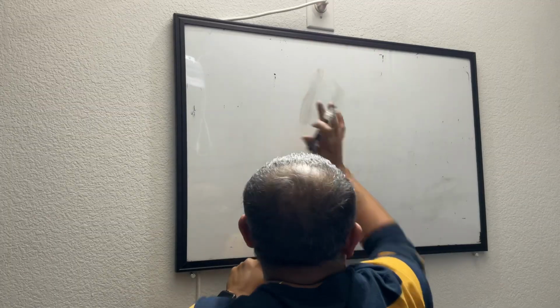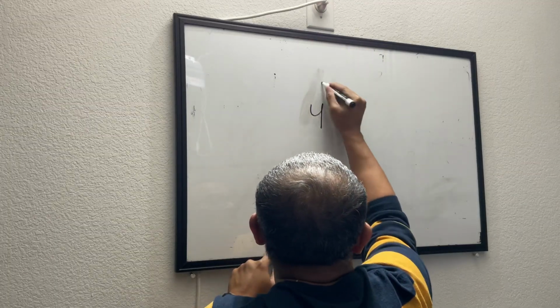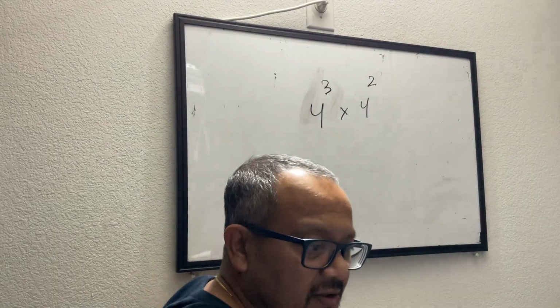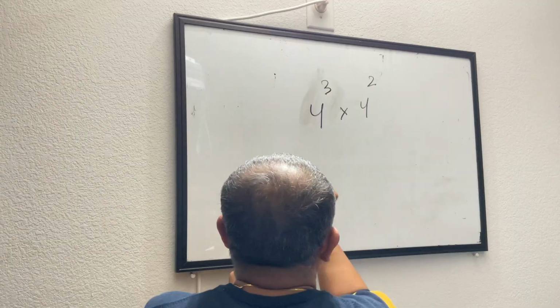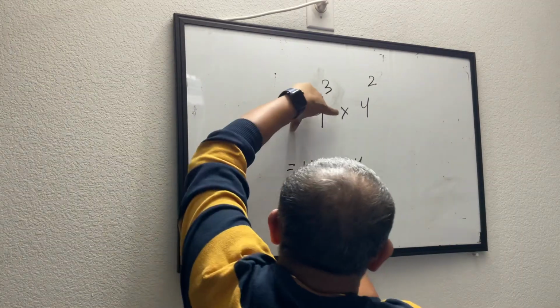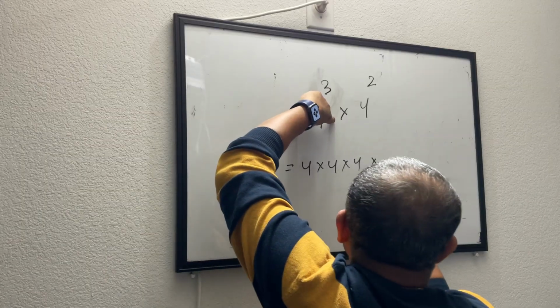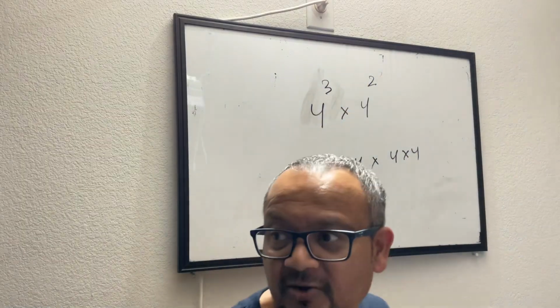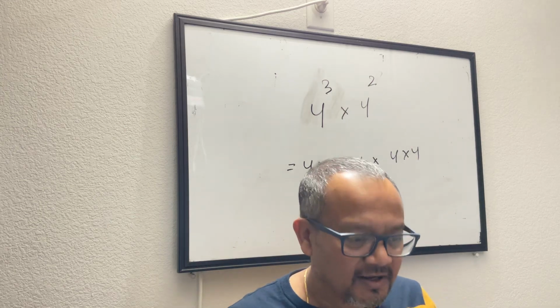That is not the case. If I say 4 to the power 3 into 4 to the power 2, what will happen? This becomes what? 4 into 4 into 4. This is 4 to the power 3. And then I have 4 to the power 2, which is 4 into 4. Okay? Alright?